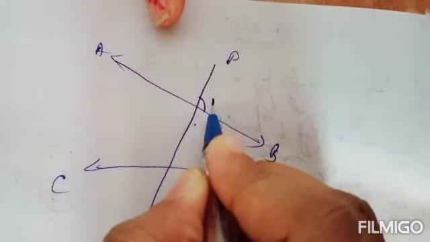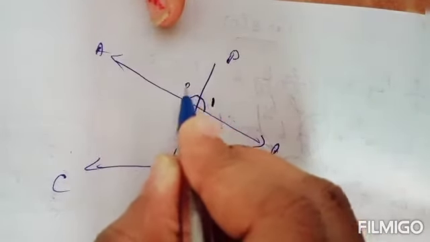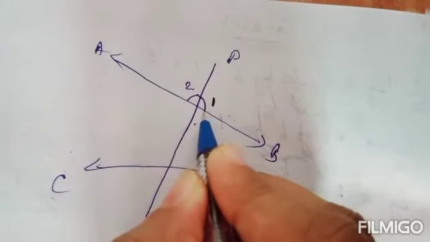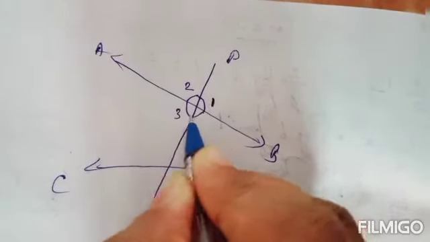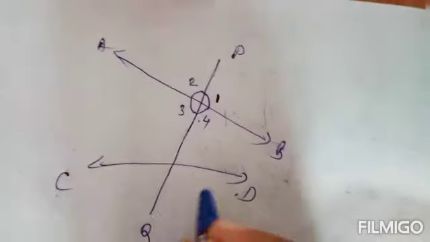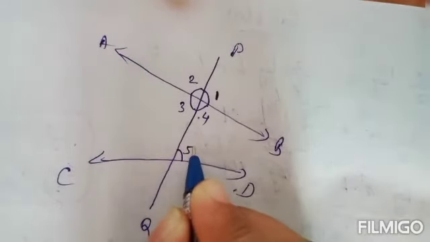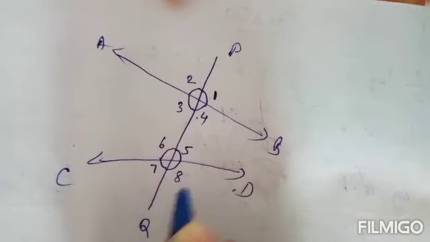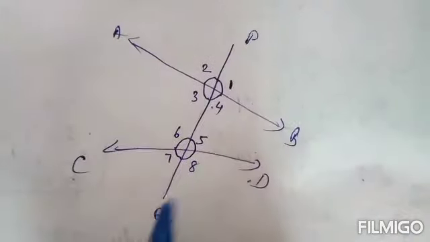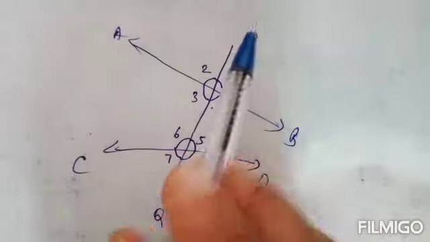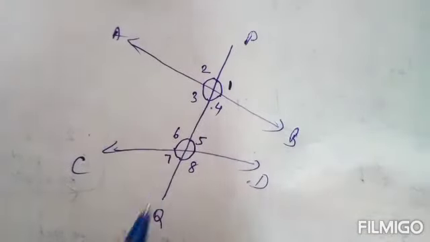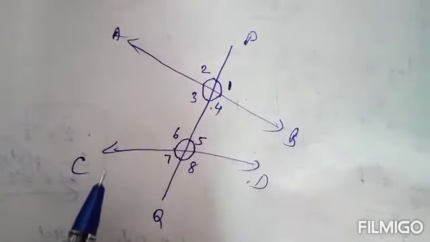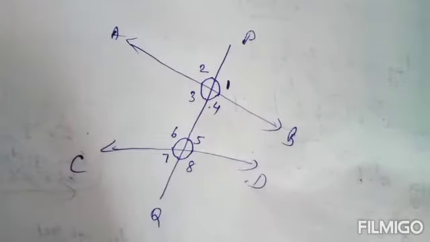This is angle 1, this is angle 2, this is angle 3 and this is 4. Now here this is 5, 6, 7 and 8. In this way 8 angles are formed when two lines are cut by a transversal, or when a transversal cuts two lines, 8 angles are formed.